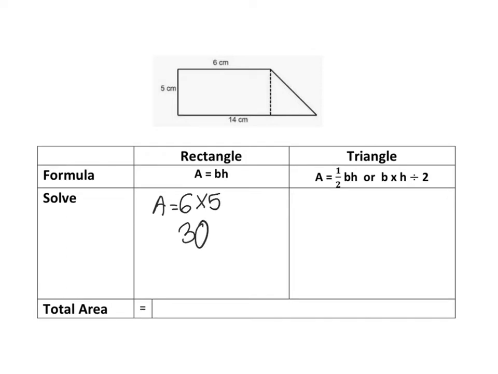Now notice, we divided right here to separate the shapes. So that 14 has to be split up as well. We know that this part of the base is 6, so we have to figure out what the rest of this is. To do that, we do 14 minus 6, and we get 8. So this is 6 centimeters here, and this is 8 centimeters here.